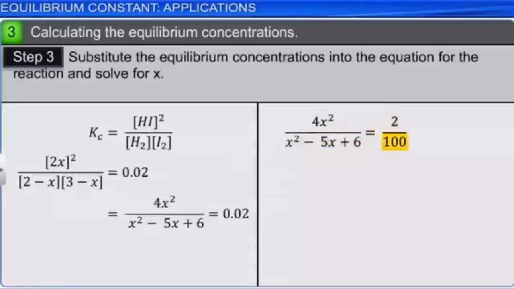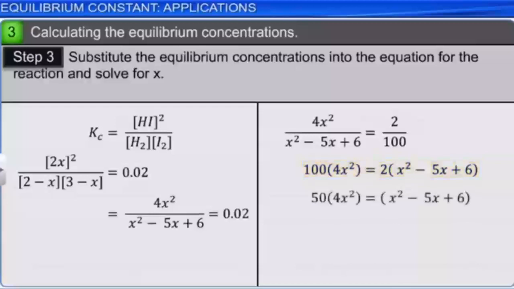On cross multiplying, we get 100 multiplied by 4x square is equal to 2 multiplied by x square minus 5x plus 6. On cancelling 100 with 2, we get 50 multiplied by 4x square is equal to x square minus 5x plus 6. This becomes 200x square is equal to x square minus 5x plus 6.